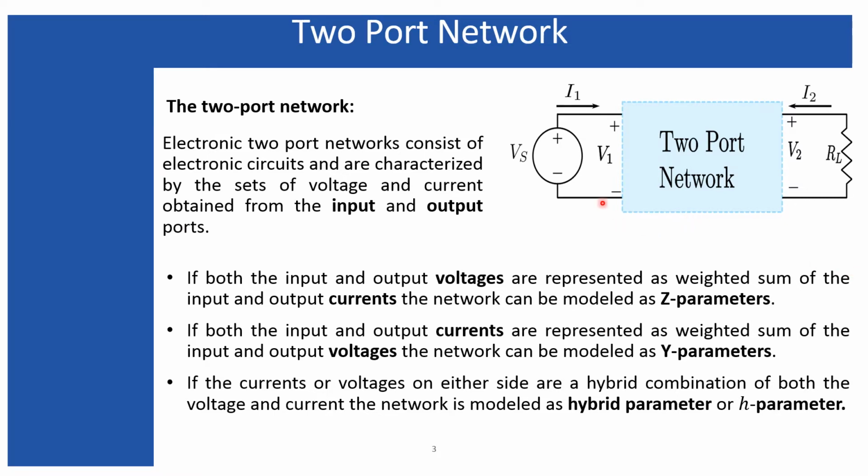When both the input voltage and the output voltage of a two-port network become a function of its input current and output current, you can say, as we will see later in this slide, that the input voltage and the output voltage can be written as a weighted sum of its input current and output current.